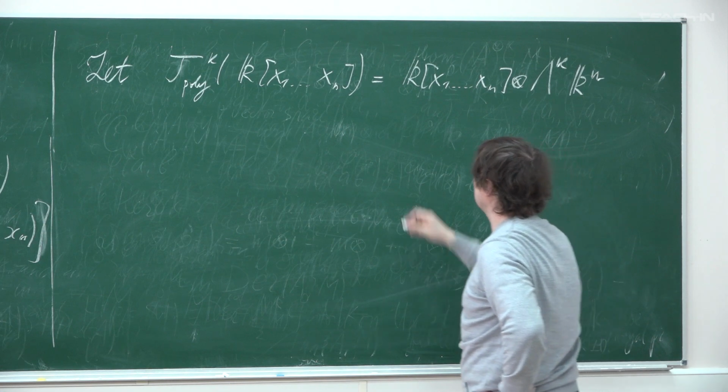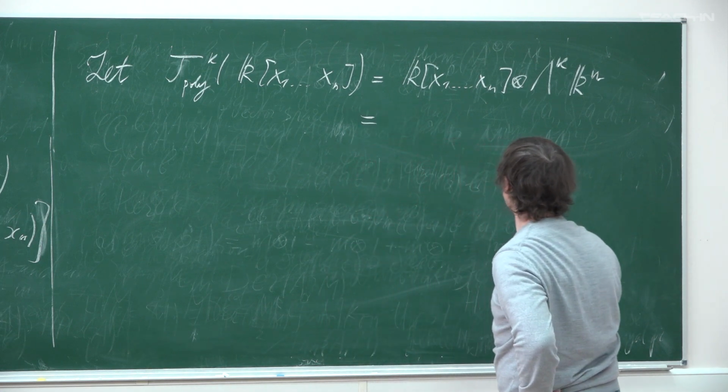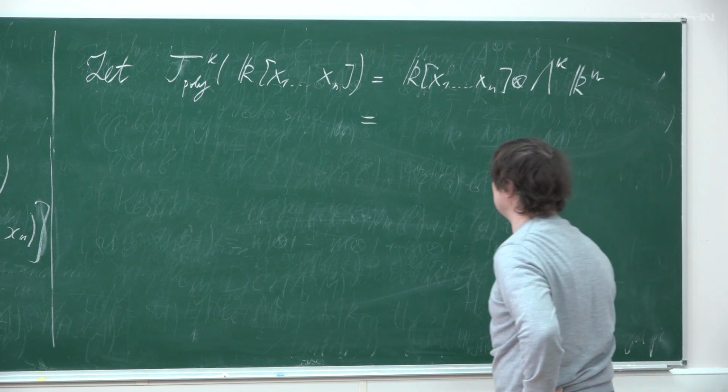Roughly speaking, this is just the space of polyvectors in n variables with polynomial coefficients.